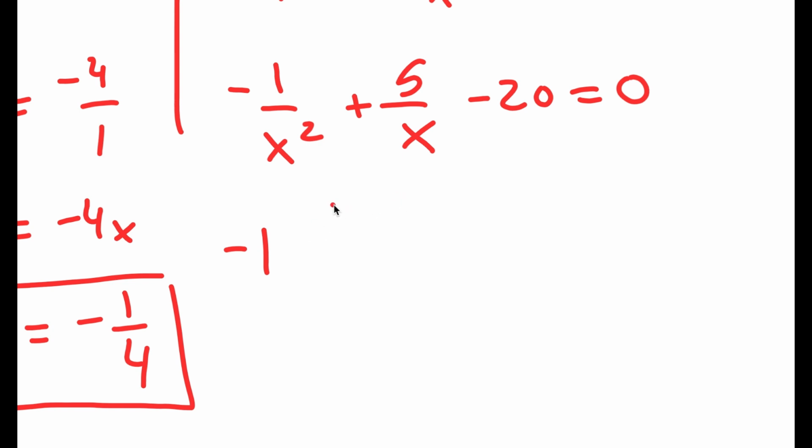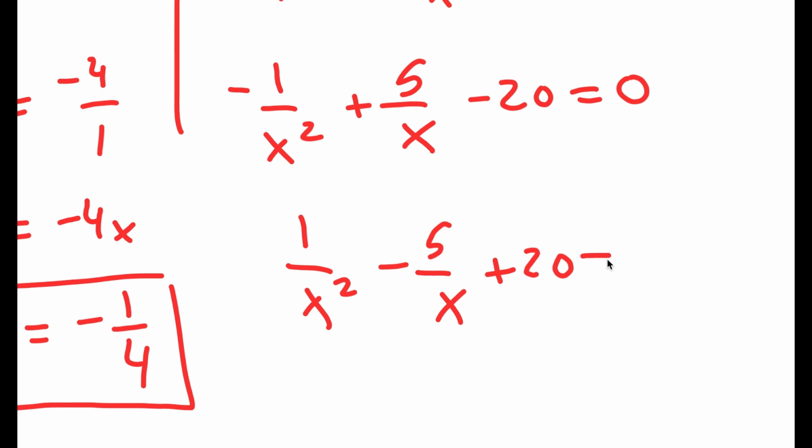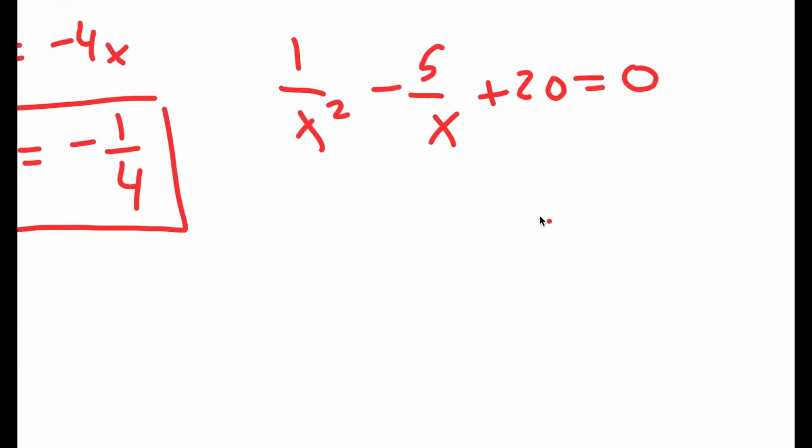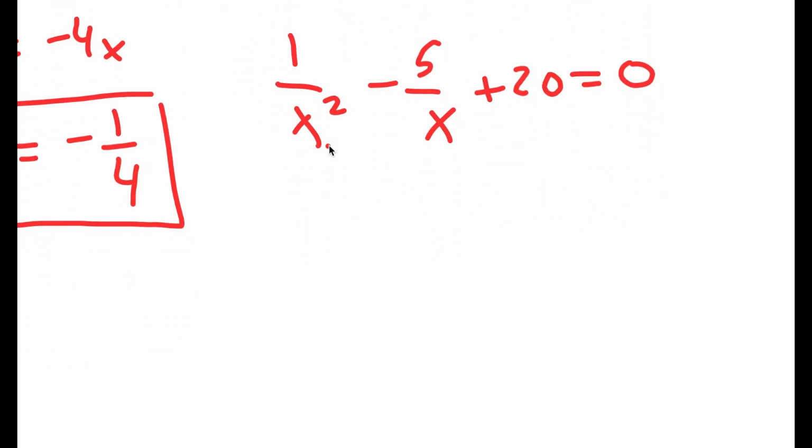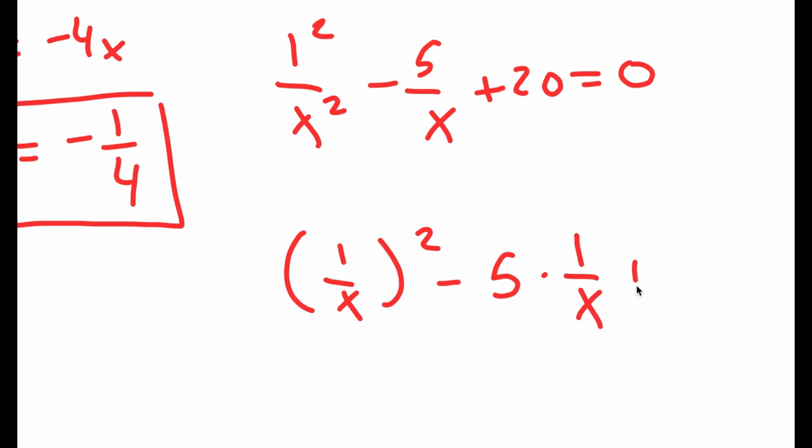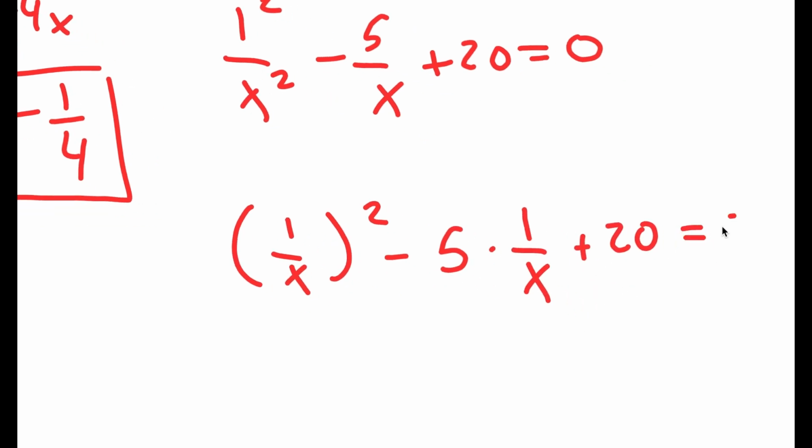If I multiply both sides by negative 1, I get 1 over x squared minus 5 over x plus 20 is equal to 0. And now 1 over x squared is the same thing as 1 over x whole squared, because this is the same thing as 1 squared over x squared. 1 squared is the same thing as 1. So now I have this minus 5 times 1 over x plus 20 is equal to 0.